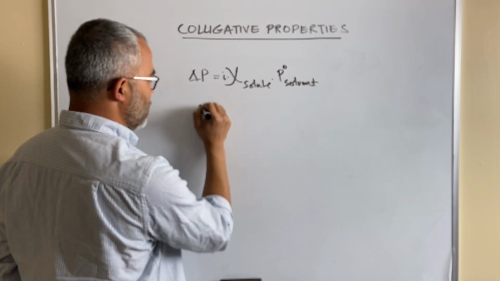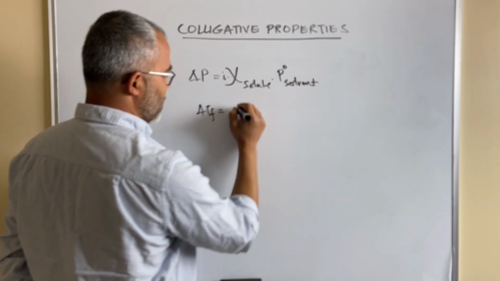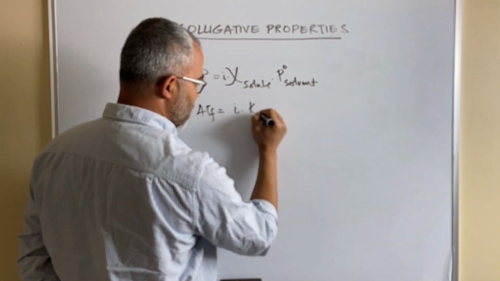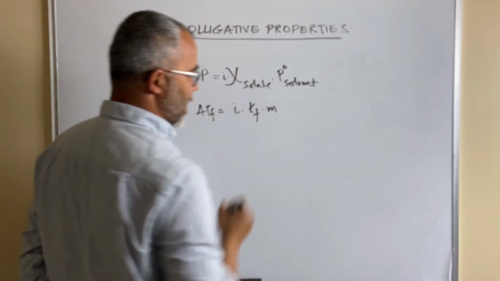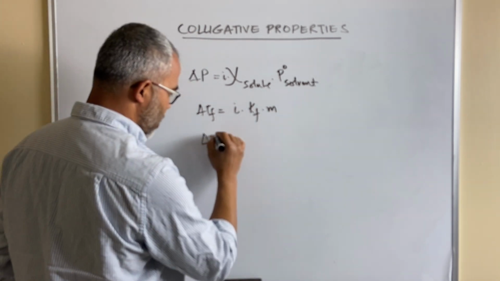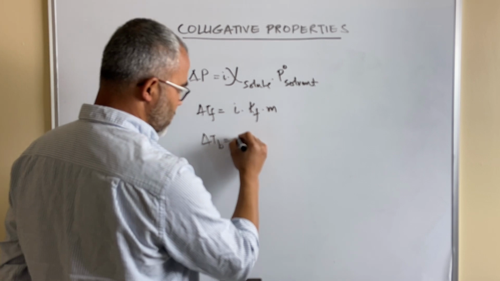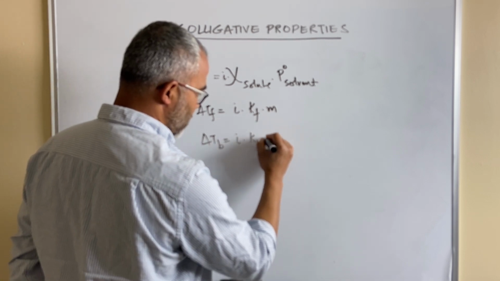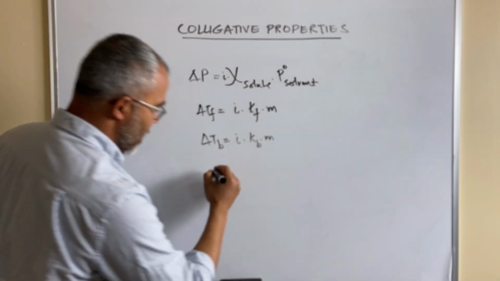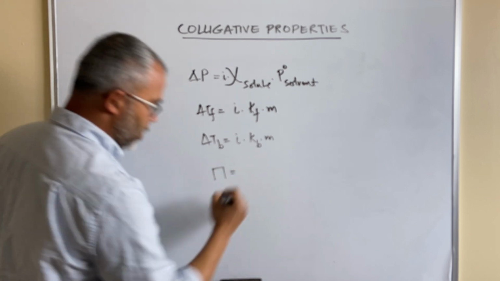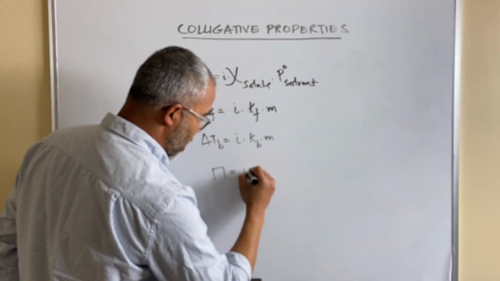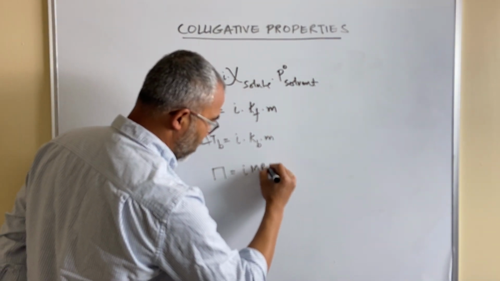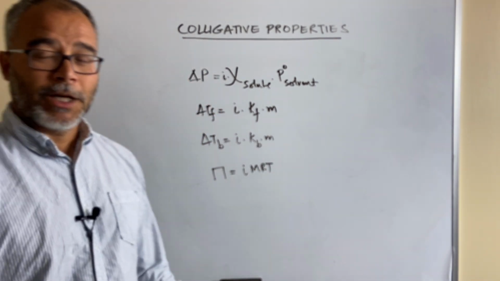Freezing point depression, delta TF is equal to i times KF times molality. Boiling point elevation, delta TB is equal to i times KB times molality. And osmotic pressure, pi, is equal to i times M R T. I hope that made sense.